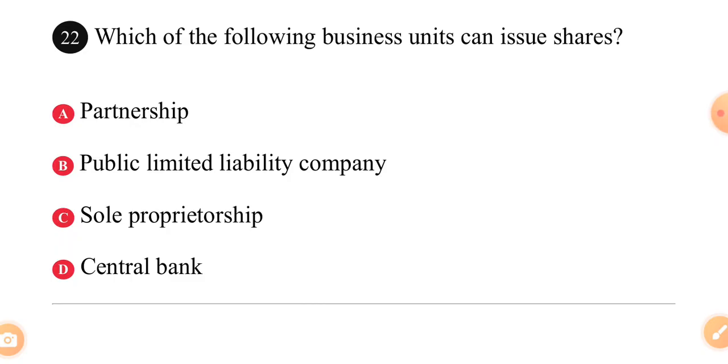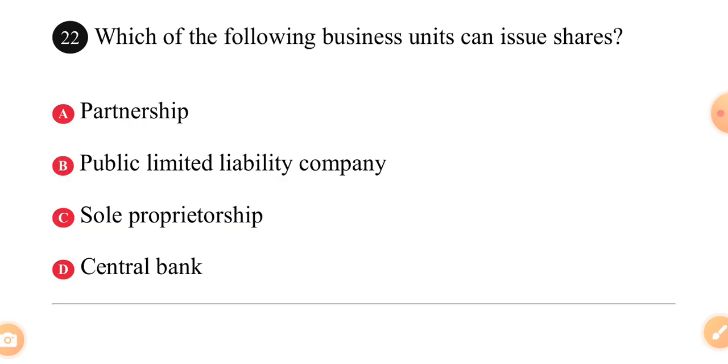Which of the following business units, question 22, pay attention. Which of the following business units can issue shares? You know, there are some companies that you can buy shares from, but not all businesses. A. Partnership. B. Public limited liability company.